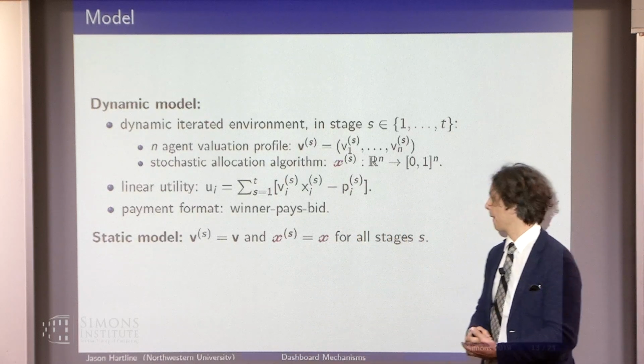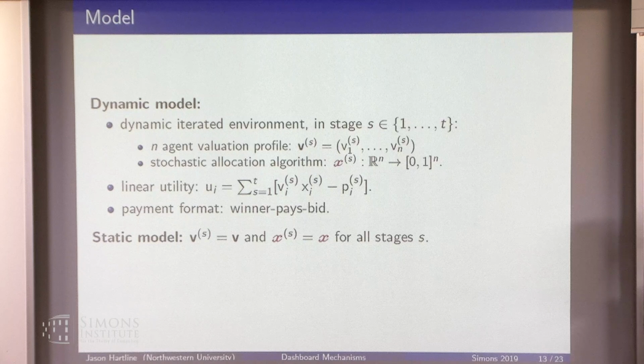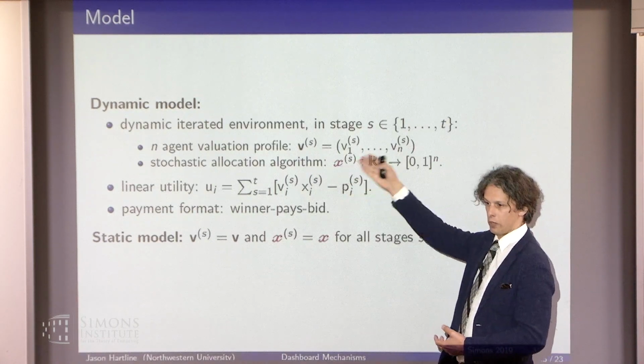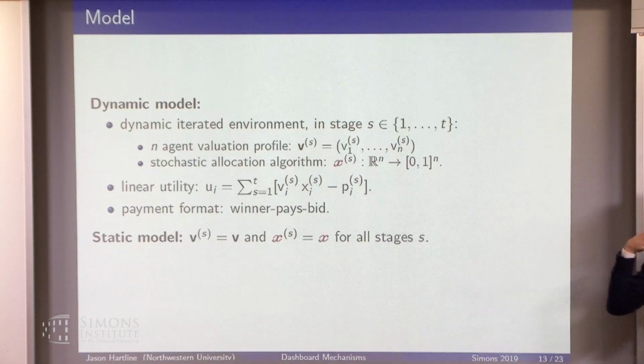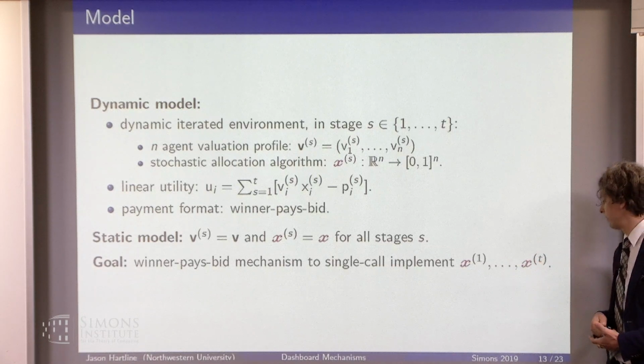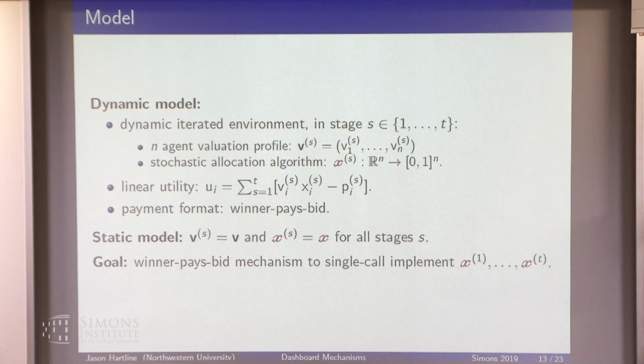So that's kind of what they want to implement. Yeah. So again, if I don't have a tilde, it means it's in value space. If I do have a tilde, it's in bid space. Okay? So I would love to design this winner pays bid mechanism to single call implement the sequential choice, basically as a series of social choice rules.